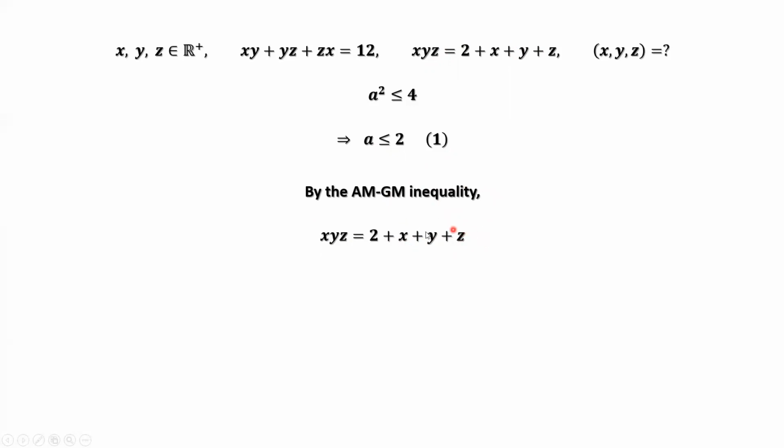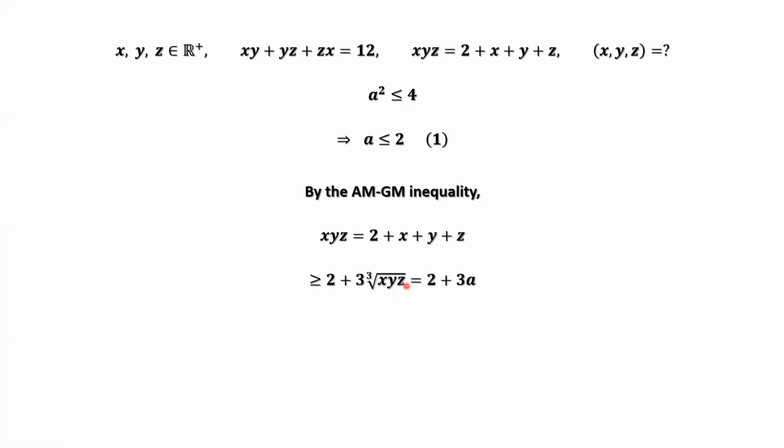Here again, x, y, z are positive, so we are qualified to use this inequality. Then we have xyz is bigger than or equal to 2 plus 3 times the third root of xyz.